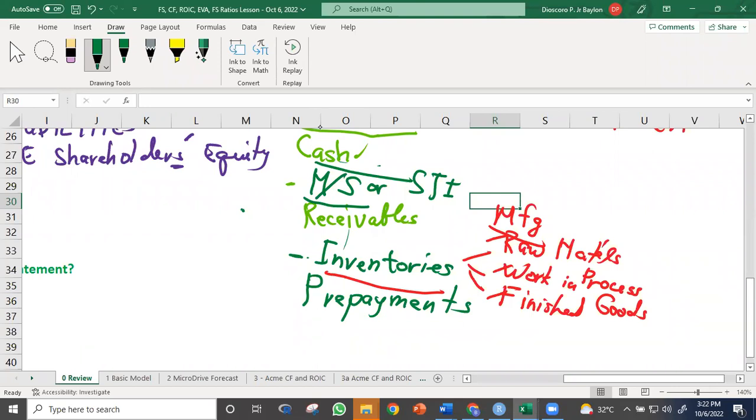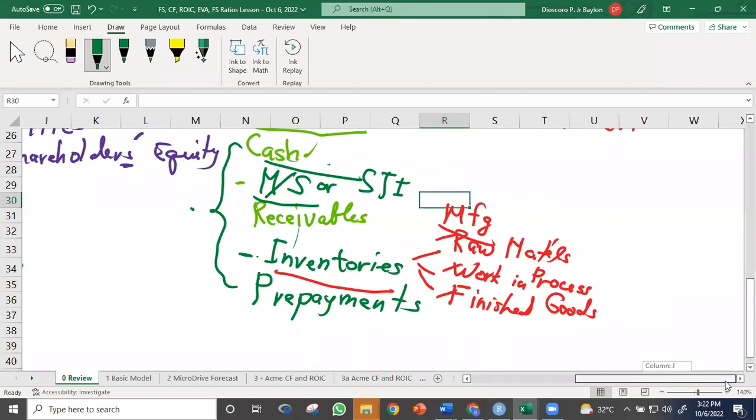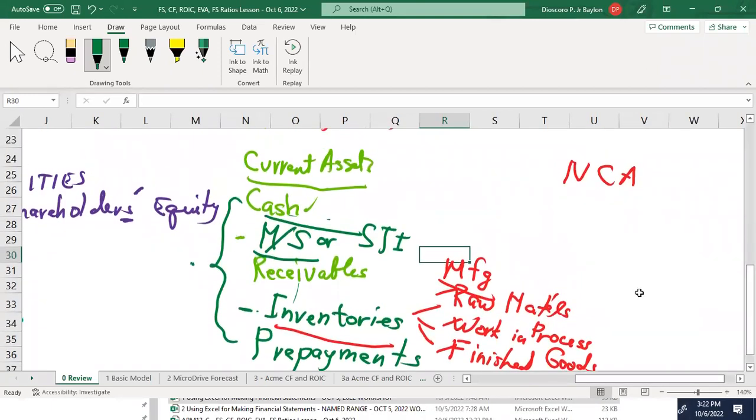Or, since it's 90 days, you can wait for it to mature and then convert it into cash. So the current assets are arranged according to liquidity. That is the order, and it cannot be interchanged, because it's standard. The person preparing the financial statement should follow the standard practice.